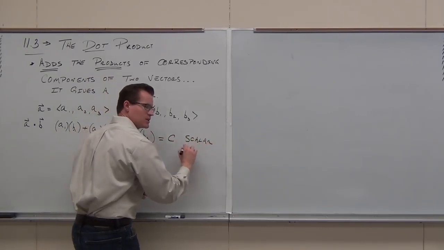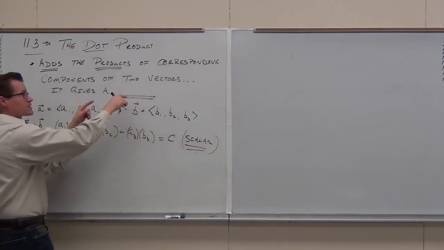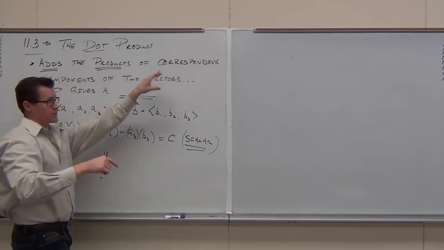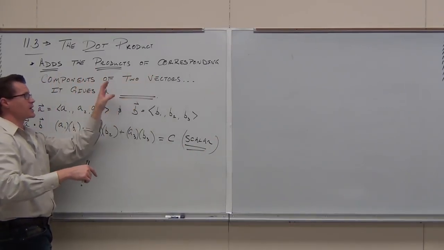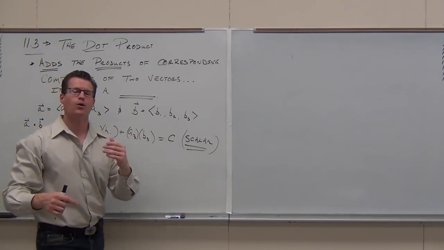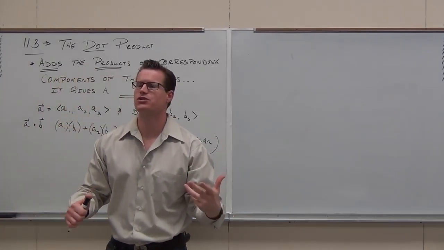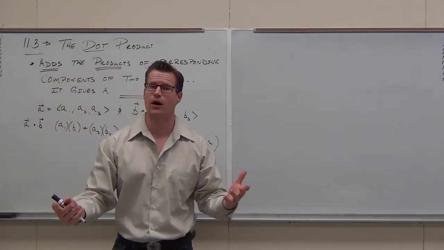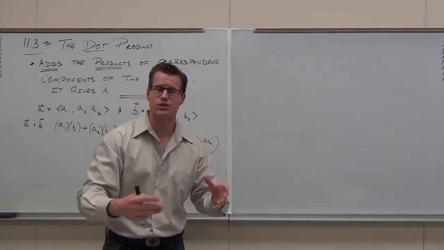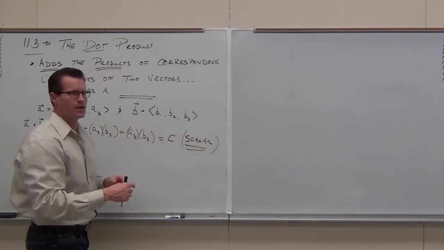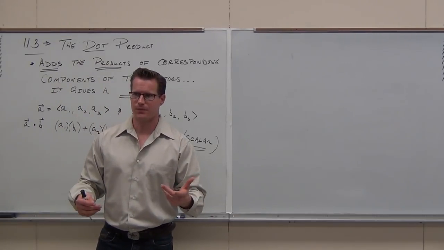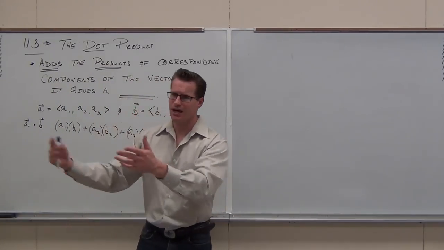So what I had you leave blank up here: this adds the products of corresponding components of two vectors, and it gives you a scalar. How do we use that scalar? It's used in a lot of stuff that we're going to be doing. It's not hard, it's really easy. But you need to know that we're not getting a vector out of it. That's why it doesn't make a whole lot of sense right now when we say, let's multiply them.